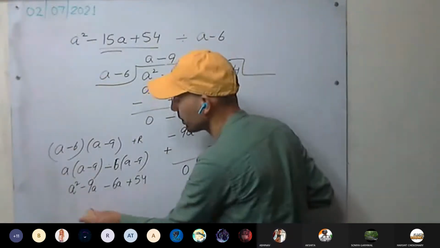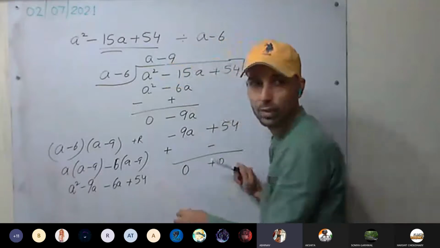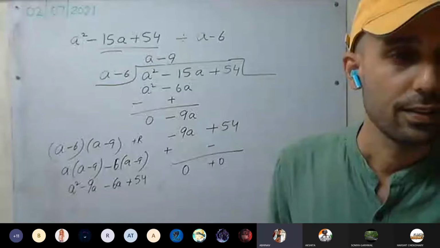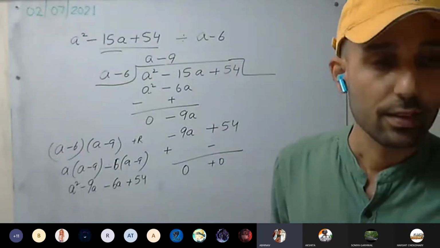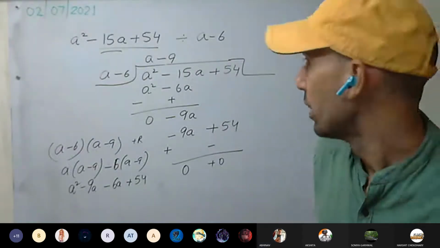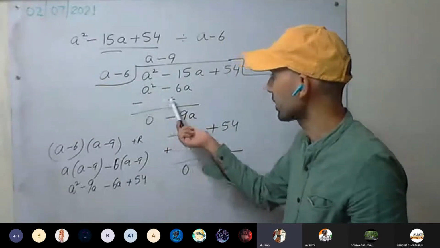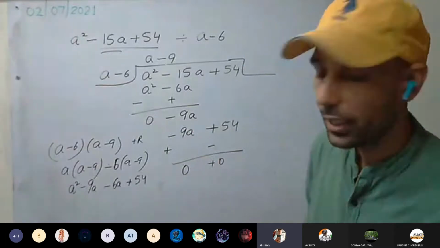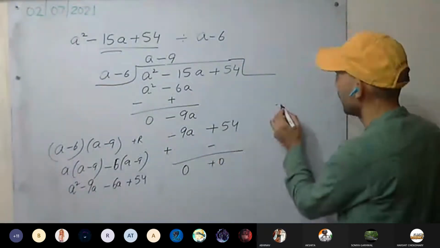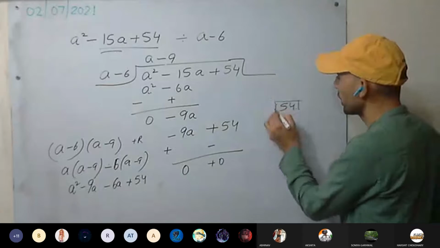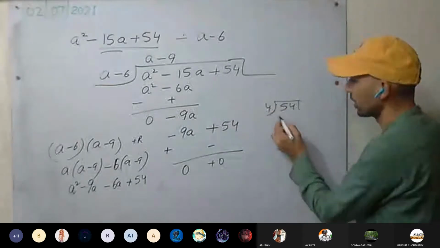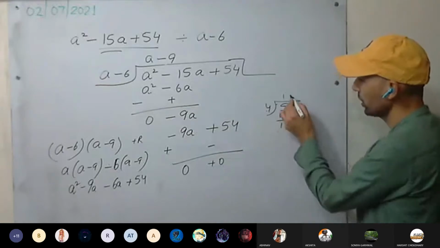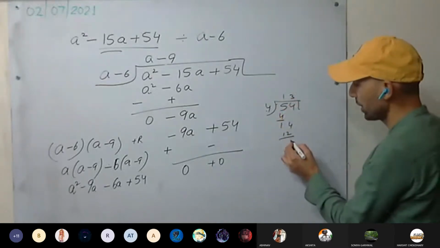Sir, in the first step, when we subtracted it. Where? Here. It's the same as the division you do. If it is 54 divided by 4: 4 ones are 4, 4 3s are 12, you do it, remainder is 2.